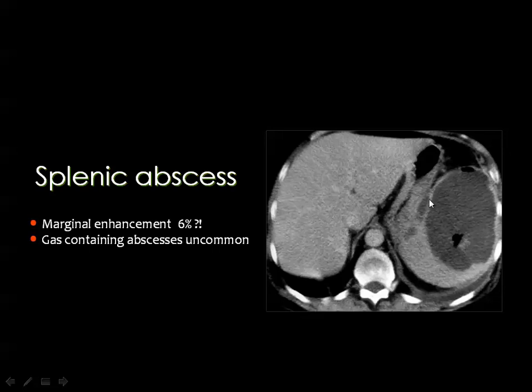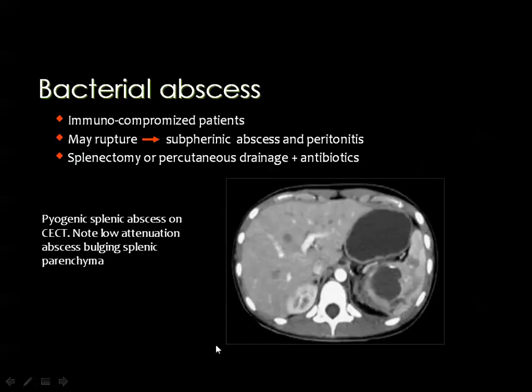The marginal enhancement is one of the criteria, and the presence of air inside the lesion, especially whenever this patient is not touched by any of the clinicians who would like to have some samples from this fluid for culture, or even for just analysis. But if you put a needle, you expect to introduce some air. But if you see air without any history of introduction of any needles, then you are almost sure that this is an abscess.